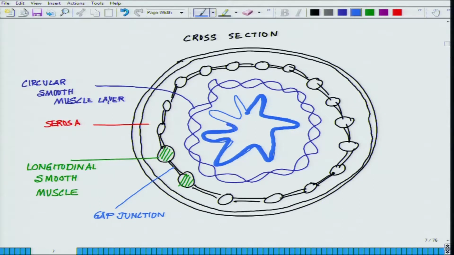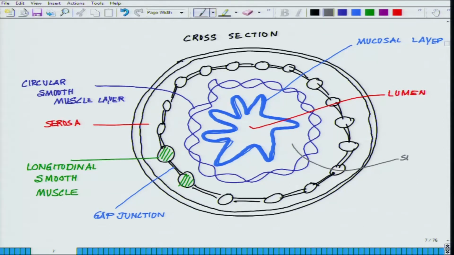So, all of them are pretty much thick double layered structures, and this is called your mucosal layer. And the central cavity, which you see out here, is called lumen. And in between these two there is a layer. This is called submucosal layer.